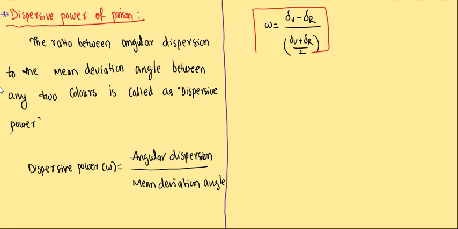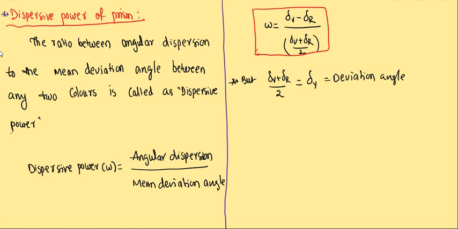If angular dispersion is more, then the dispersive power is more. Dispersive power is more means the separation between the colors is also more. Now we write here, delta V plus delta R by 2 is nearly equal to delta Y. The mean deviation means average deviation.